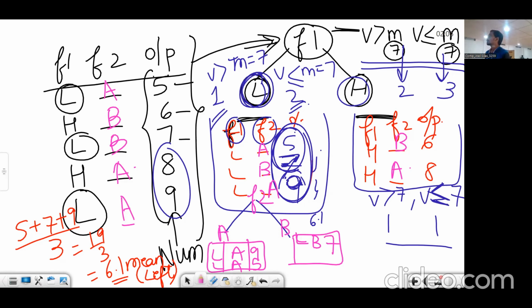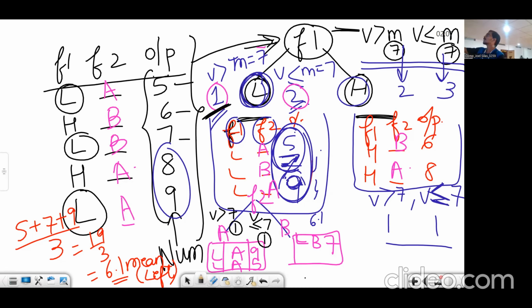Based on this, we know that initially we had one value which is greater than the mean 7, and 2 values which are less than or equal to the mean 7. Now here, again we need to see the number of values greater than the mean 7, we have 1, and the number of values less than or equal to 7, we have 1.